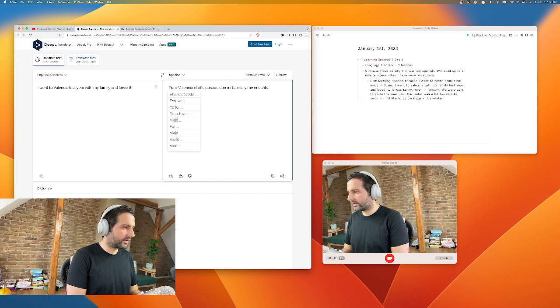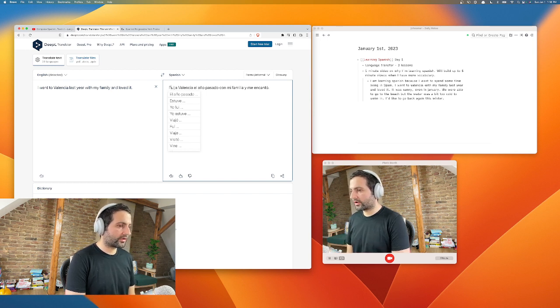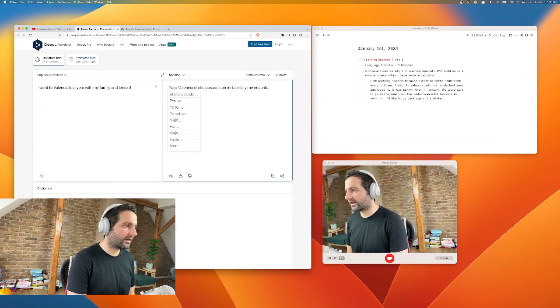Okay, so this is where making relationships to other languages can break down, because if this is right, it's nothing like in French, because in French you would say something like je suis allé, which would be the verb to be conjugated to me, je suis, I am, and then the past participle of the verb to go, which is aller.